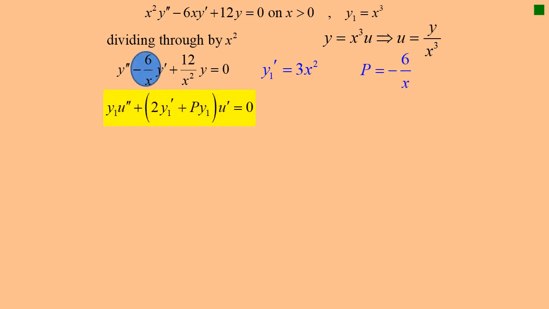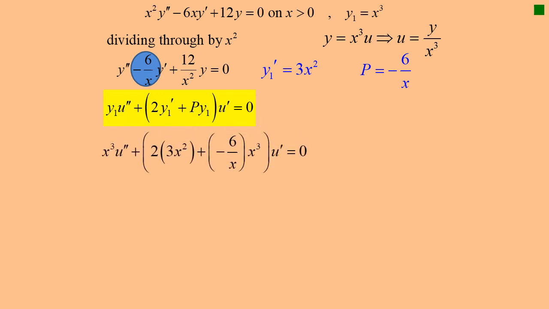Here's the little magic formula that we came up with. We're going to substitute into that. The y1 will be the x cubed. The y1 prime will be 3x squared. And the p will be negative 6 over x.